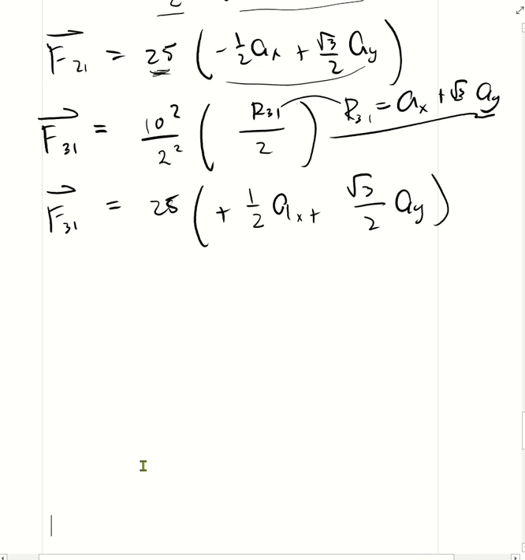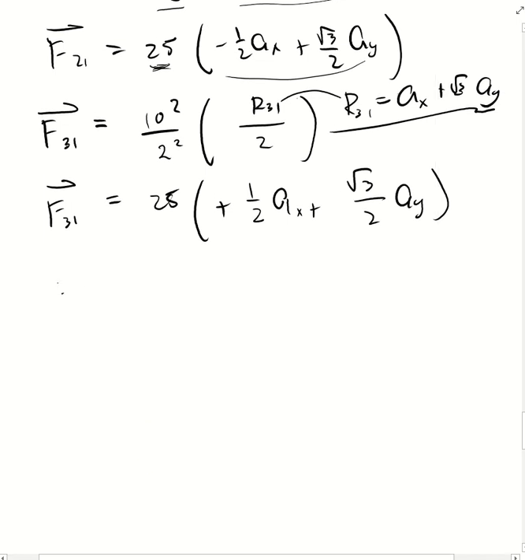So if you want to solve for F1, we add them. F1 will be equal to F21 plus F31. So we can factor out that 25. Then we add AX and AX, so negative 1 half plus 1 half. That should be equal to 0.